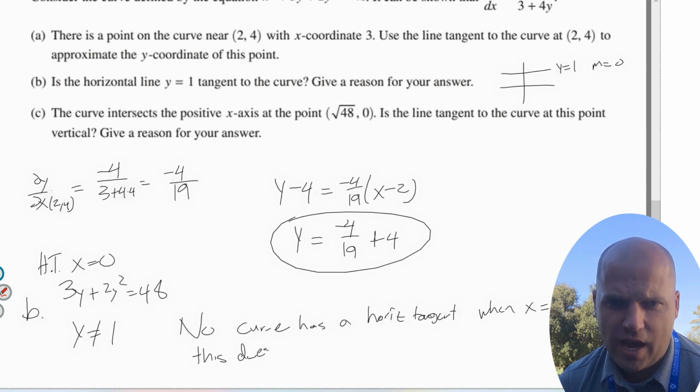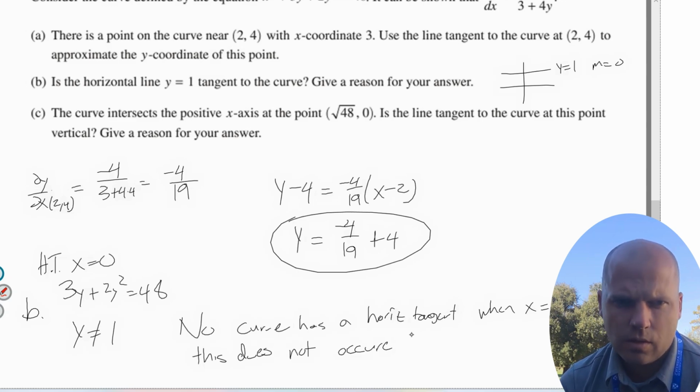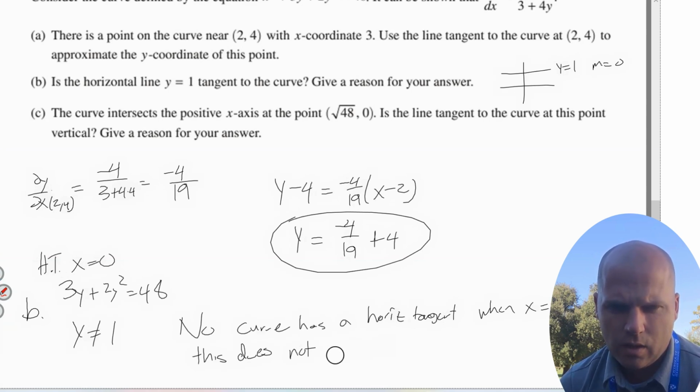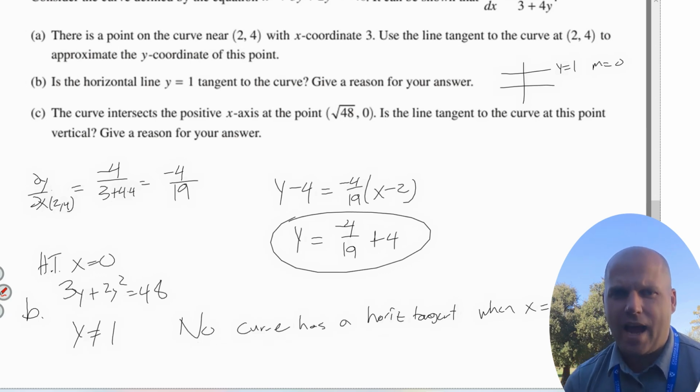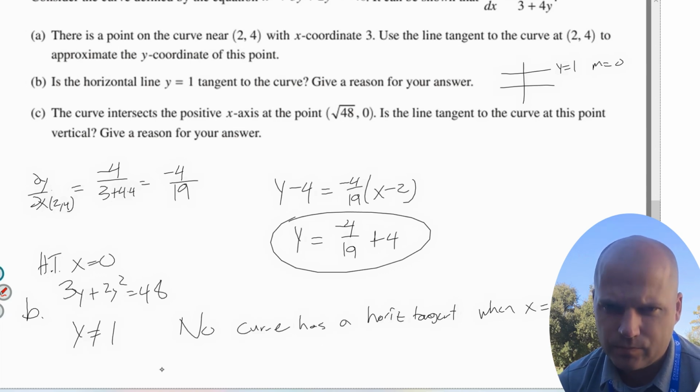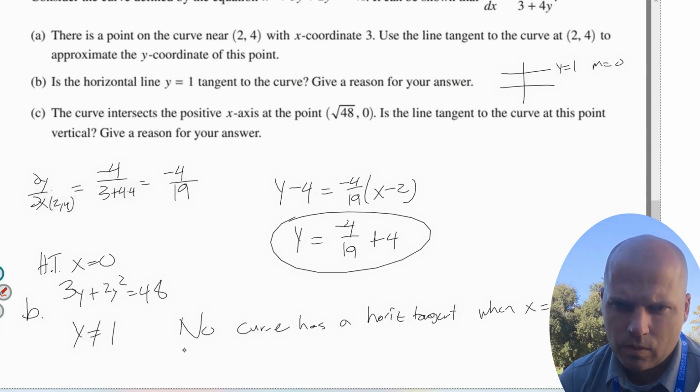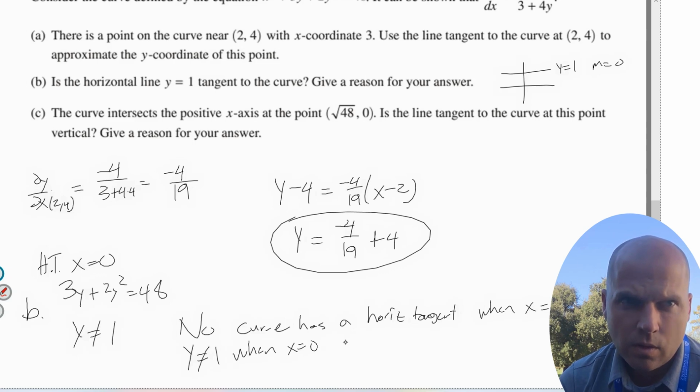This does not occur, or y cannot equal 1, when x equals 0 on the original equation.